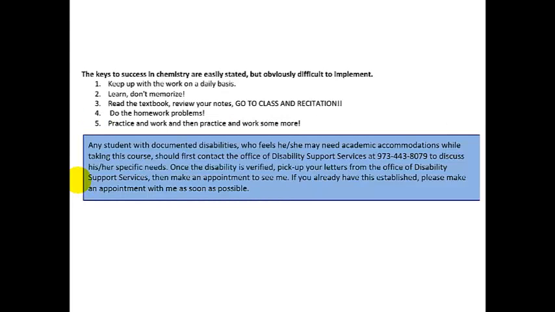The keys to success in chemistry are easily stated but very difficult to implement, as I'm sure you learned in Organic 1. You have to keep up with the work on a daily basis. You have to learn the material, not memorize. It's imperative that you read the textbook, review your notes, and go to class and recitation. You have to do the homework problems, and you have to practice and practice and practice.